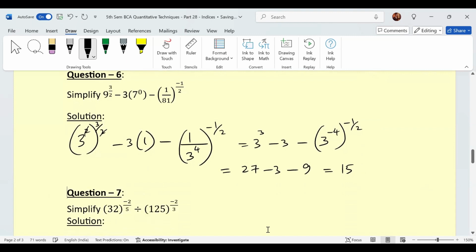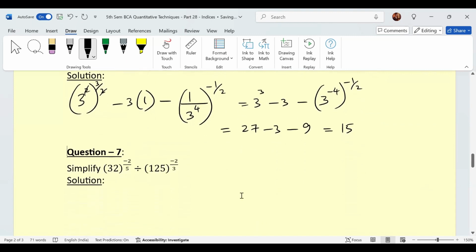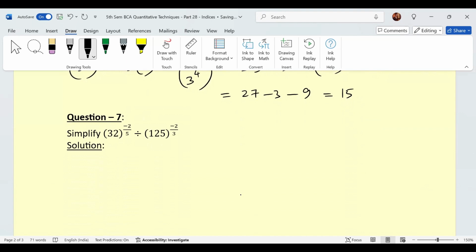Let us move on to the 7th question. 32 to the power of minus 2 by 5. 32 can be written as 2 power 5, to the power of minus 2 by 5, divided by 125, which can be written as 5 cube, to the power of minus 2 by 3.